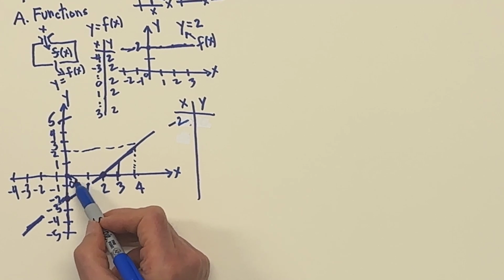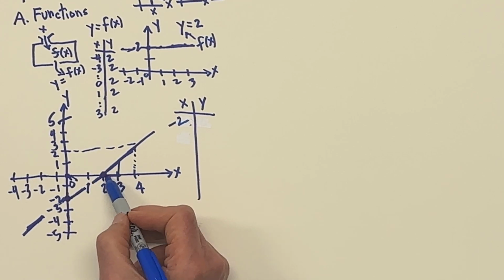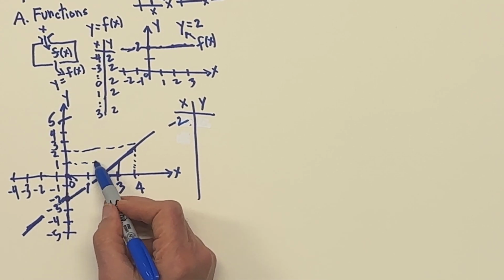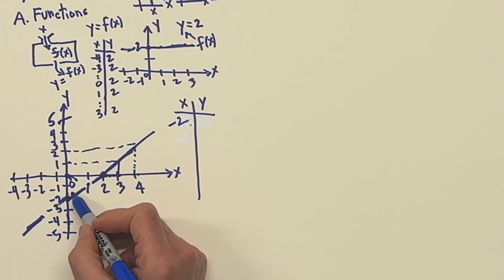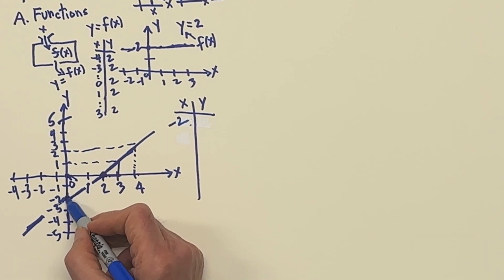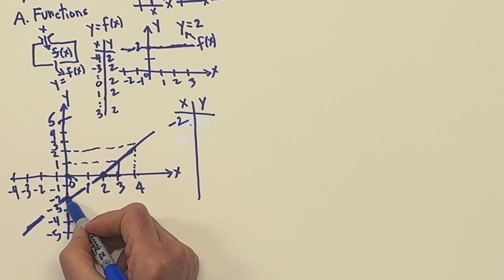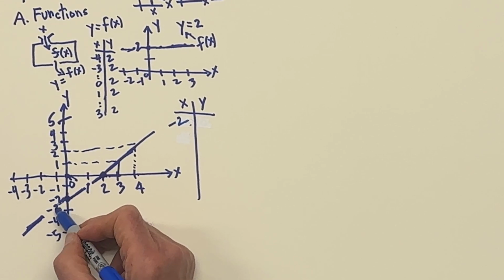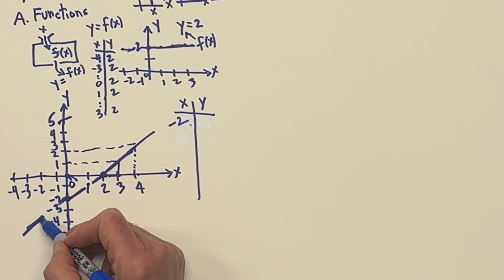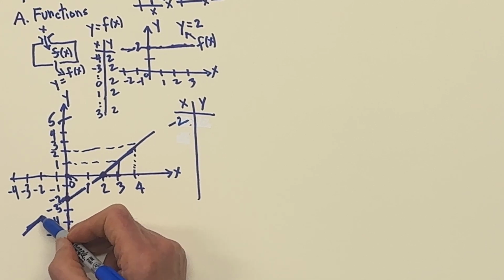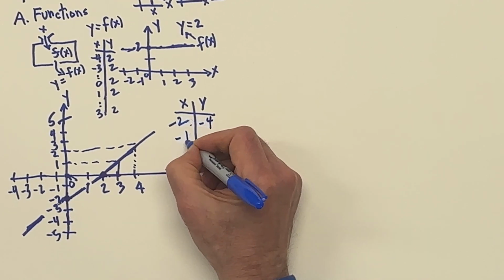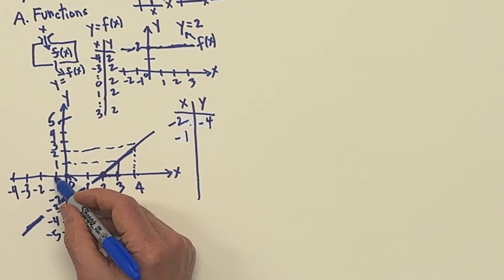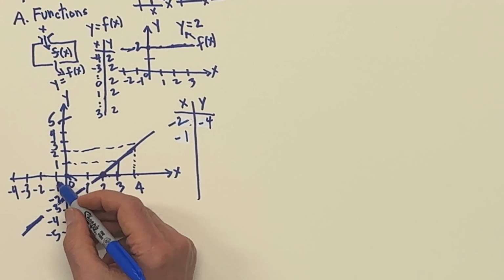Well, that's saying if I go out 1, I go up 1. So here I go from 2 to 3, I'm up by 1. Go from 3 to 4, I'm up by 1. So if I'm at 0, I'm at -2, then I'm going to be down by 1 here at -1, that's -3, and then by -2, I'll be down by 2. So that's going to be -4. Then at -1, I'm going to be down here to -3.